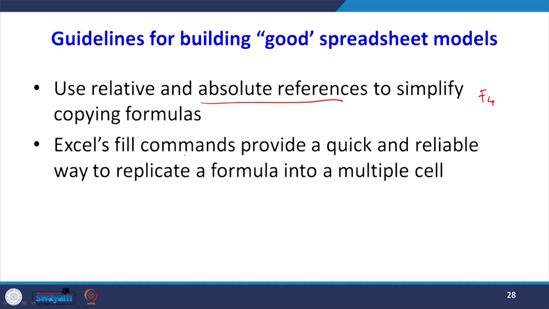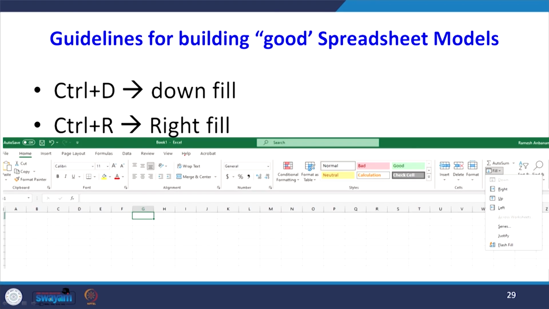Excel's fill command provides a quick and reliable way to replicate a formula into multiple cells. After selecting the cell, if you double click the bottom right corner, all the formulas will be filled. Suppose you select a particular cell and drag it, then press Ctrl D, it is the shortcut for down fill.